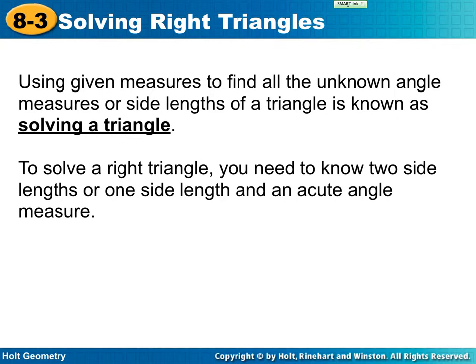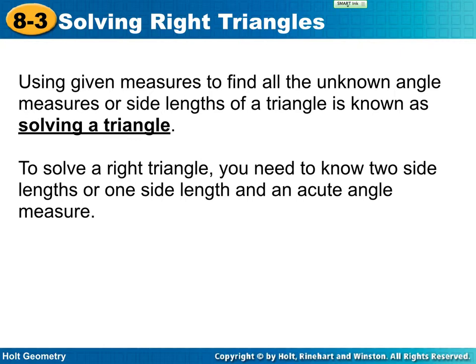So how much information do I have to give you? Well, I could give you 2 side lengths. From that, knowing that it's a right triangle, you can find everything. Or I could give you 1 side and 1 of the acute angles, in addition to the right angle. So I'll kind of mix up your samples and do different ones.